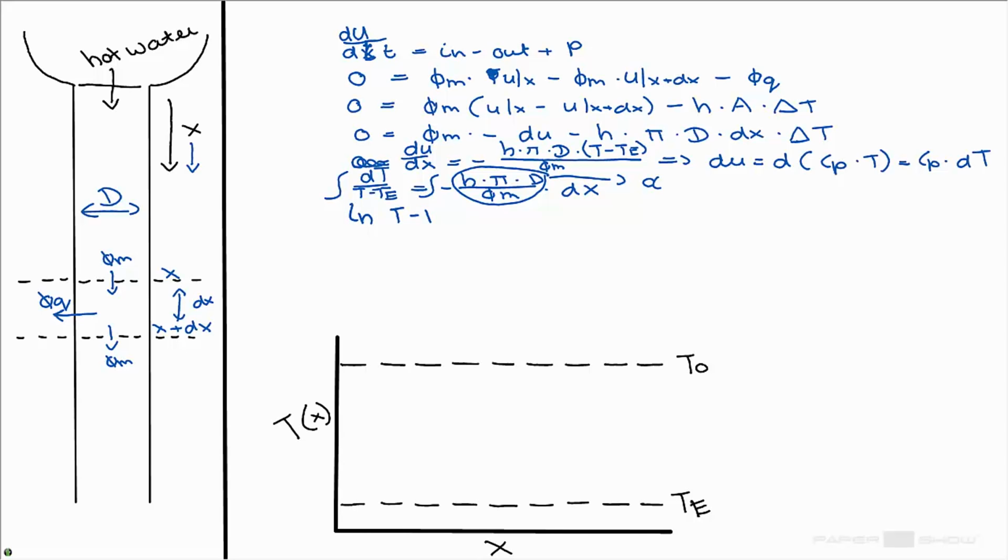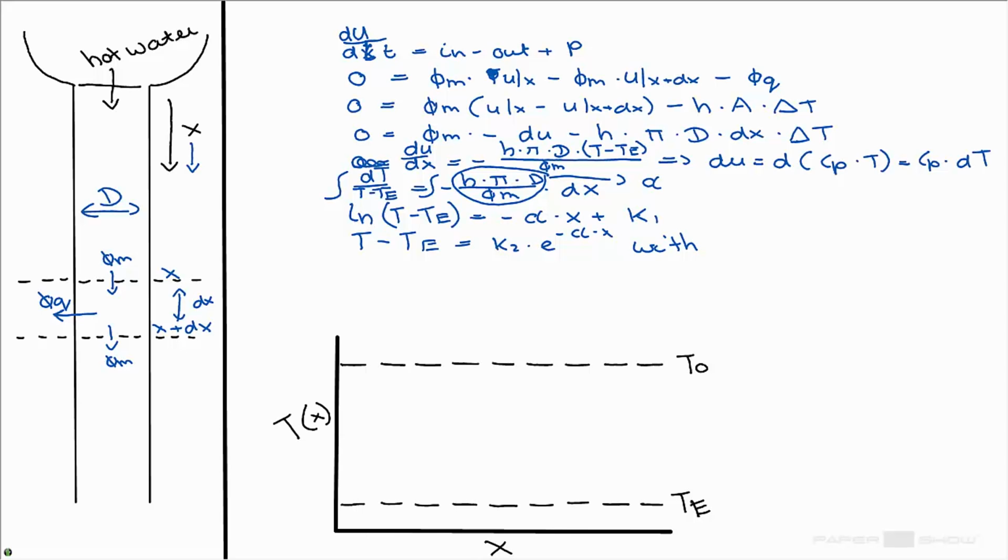So the solution of this differential equation is this: minus alpha times x plus a constant, again we have the constant, and we've done this numerous times actually. You should be able to do this.